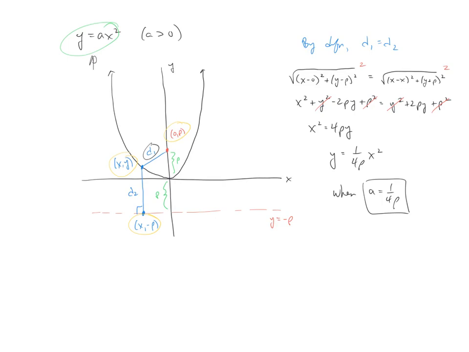You'll want to go back in your notes and fill that in. The a value for these parabolas is going to be equal to 1 over 4p, where p is the distance, again, from the vertex to the focus, which is also the distance from the vertex to the directrix. So we have a pretty good working knowledge now of the definition of a parabola and how it all relates. Let's take a look at a couple examples.